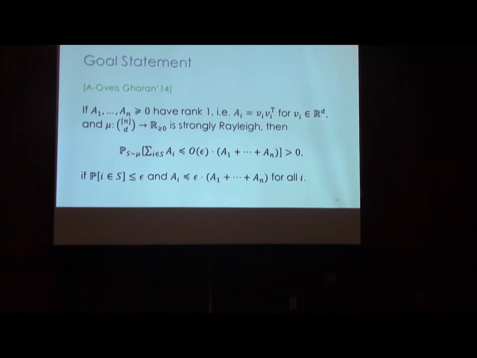Now, what are the conditions that we need for this? We need small marginals. So each element i should appear in the set S that is distributed according to the distribution you have with probability at most epsilon. And you want each one of the A_i to also be small with respect to the sum. So if you have an A_i which is too large, you might end up having to select it, and this won't work, right?